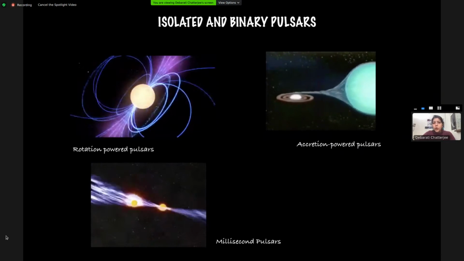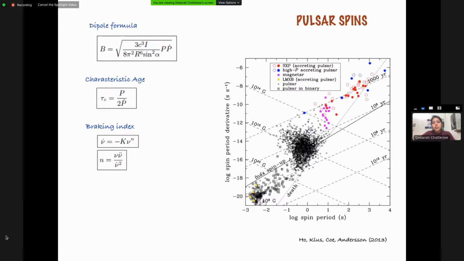To understand the population, it is a good thing to look at the plot of the spin period of a pulsar versus its spin derivative. We can map all these different types or families of neutron stars or pulsars on this diagram. You can see that the normal pulsars, these little squares, cluster around this center.